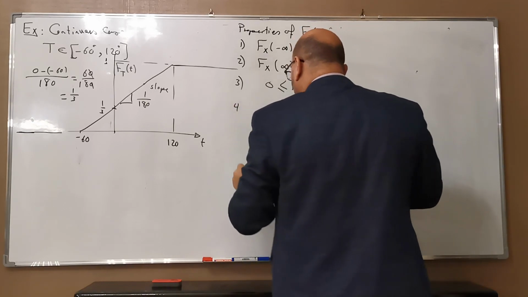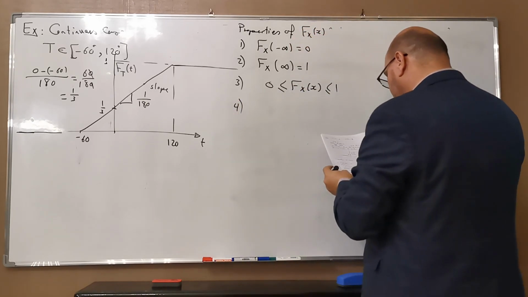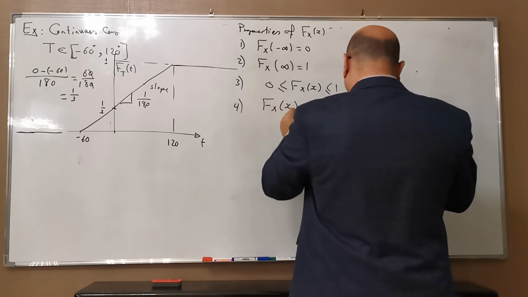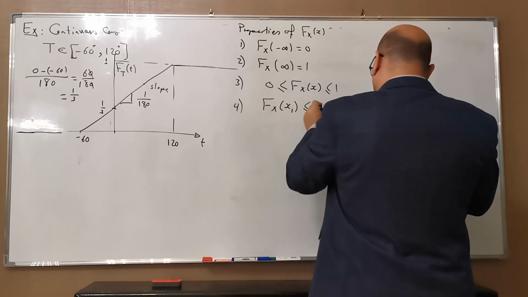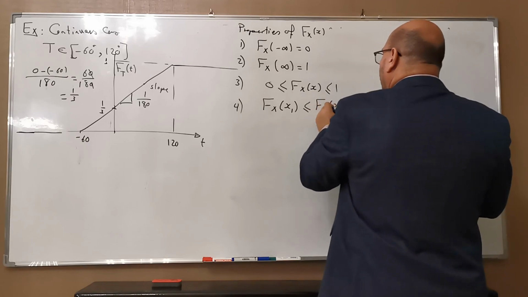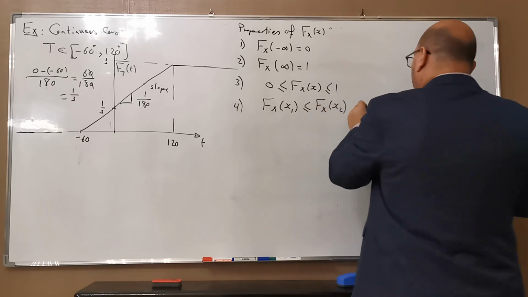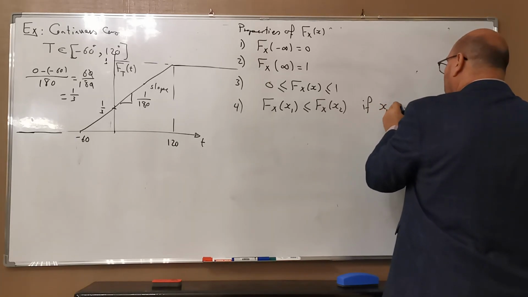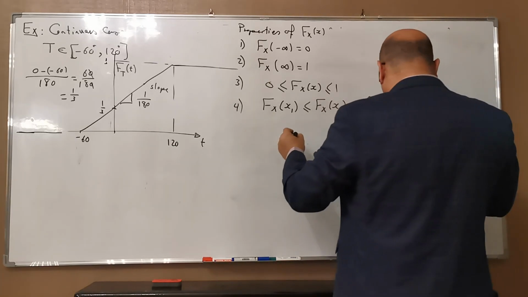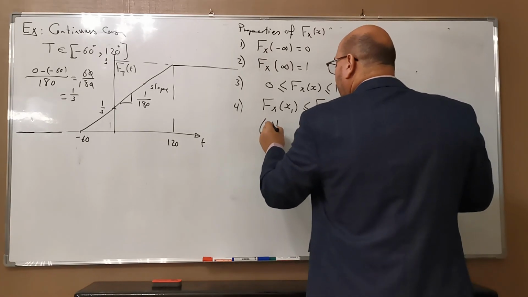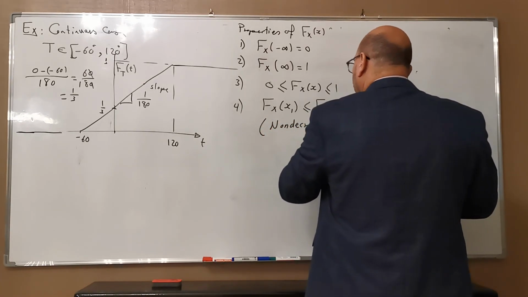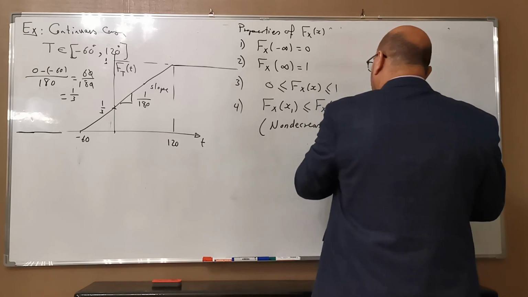Okay. Number 4, fx of x1 is less than or equal to fx of x2 if x1 is less than x2, and this means that it is a non-decreasing function.